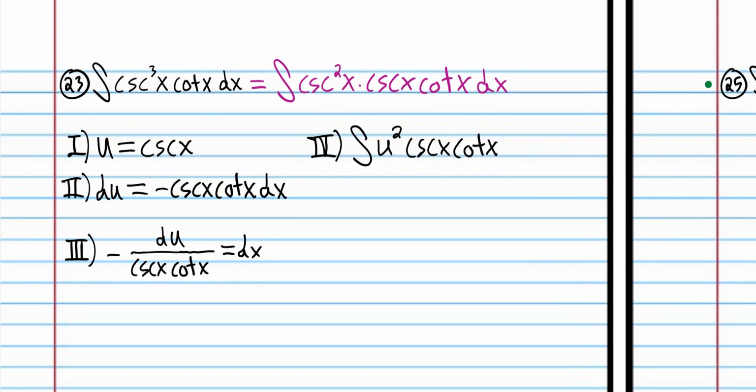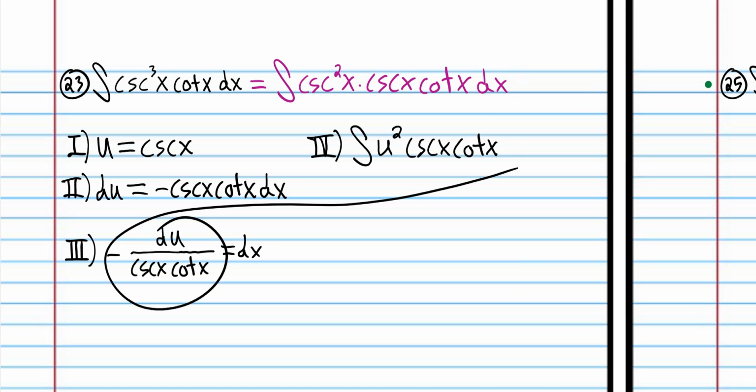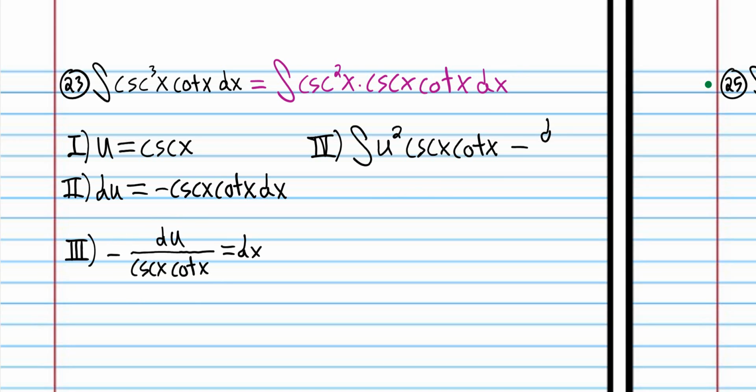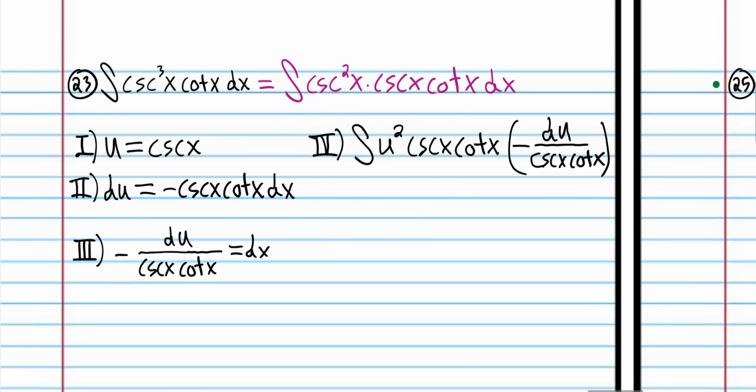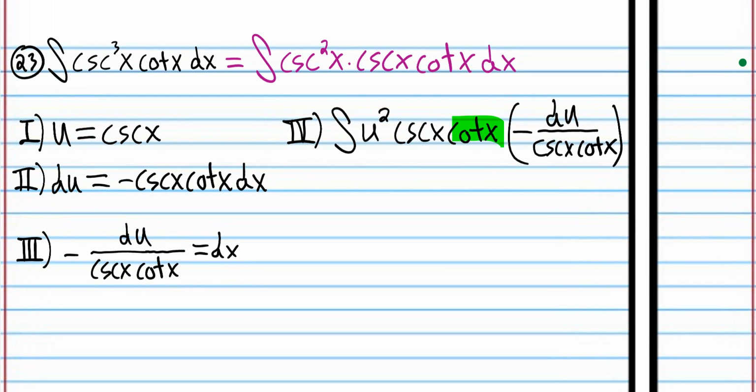So now we're going to replace the ornament dx with this expression here, and so we get negative du over cosecant x cotangent x, and notice that these x's cancel out, so on step 5, you're left with negative u squared.